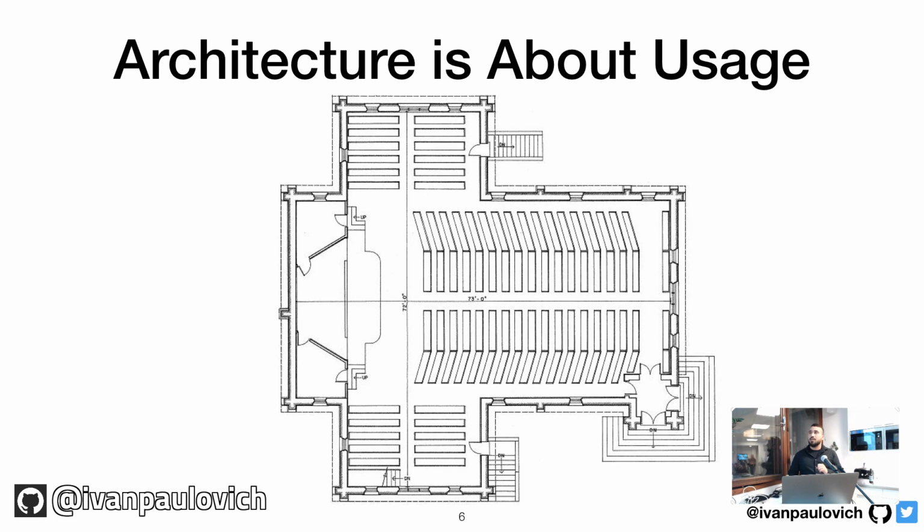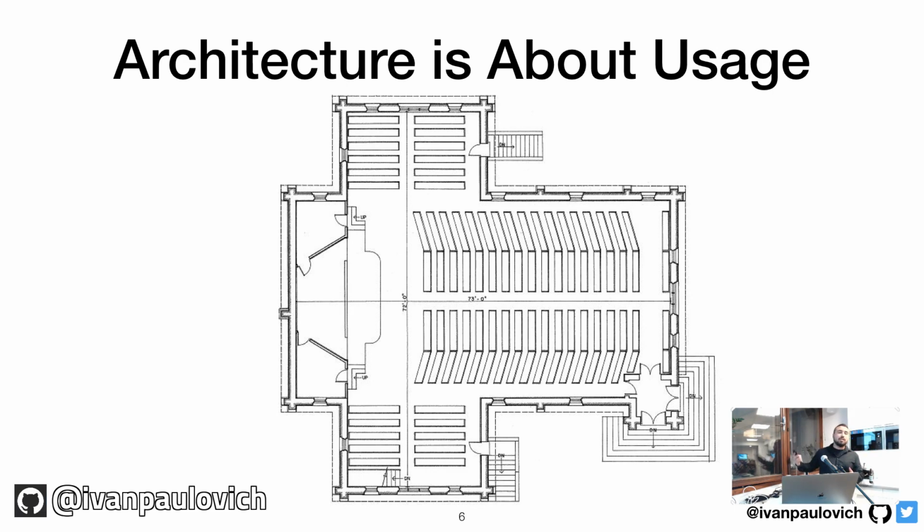Looking at this picture, it's a blueprint. At just a quick glance, you can suppose that it is some kind of a church or a theater, a place where people can gather together because you have this open space. Many people can gather at the same time. It has these big doors, so many people can leave and enter very quickly.